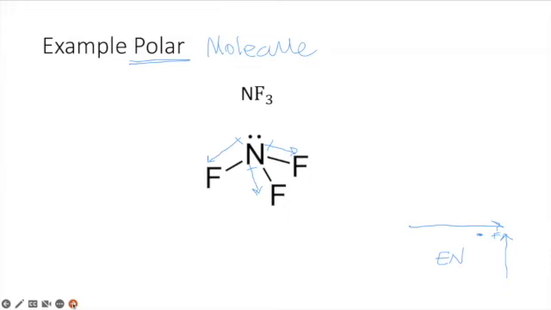So let's think about the shape. This has a central atom, and including the lone pair, 4 things connected to it. So those atoms are like a pyramid on the bottom with a little antenna on top.